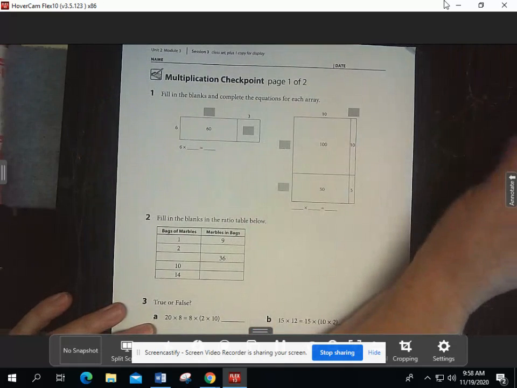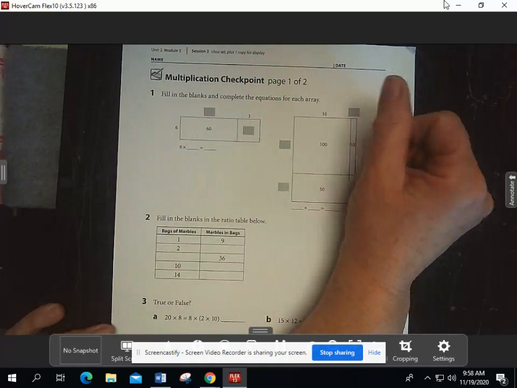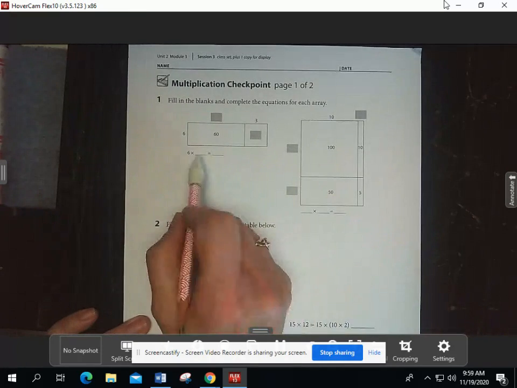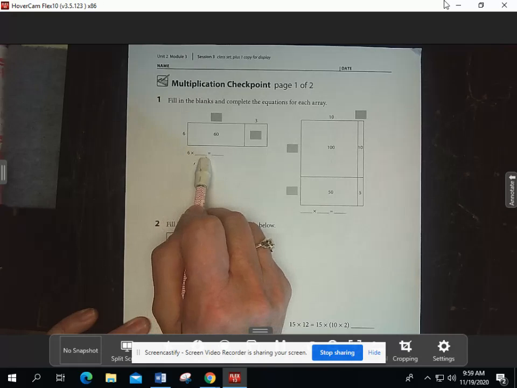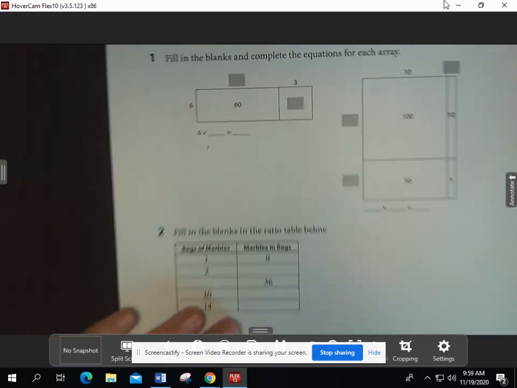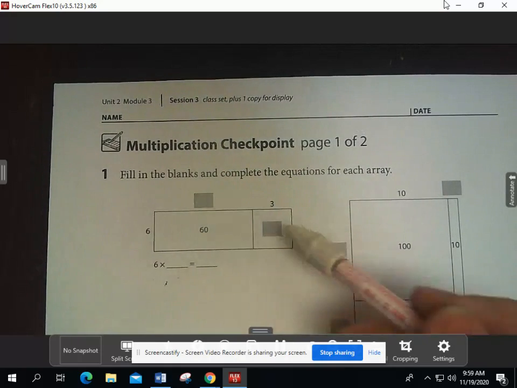Looking at this, lots of you get scared when there's these boxes. I want you to look at this. People at home, you're going to be doing this test as well. Notice down here we have 6 times something equals something. They sure didn't give us enough information. I'm going to zoom in on this so you can see it better. Your job is to fill in these blanks.